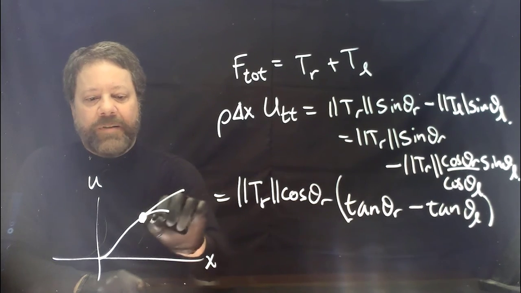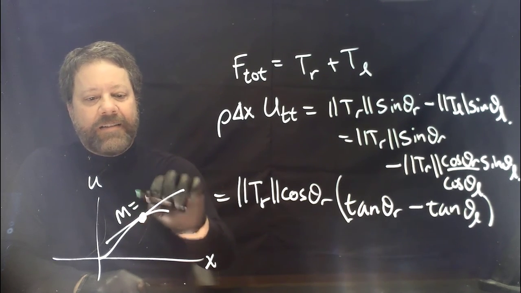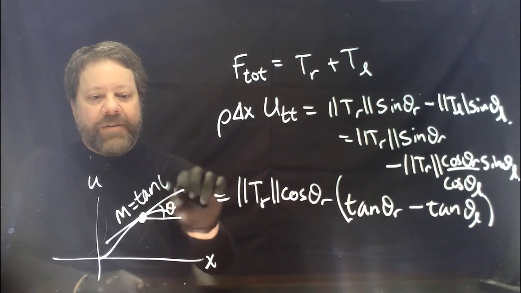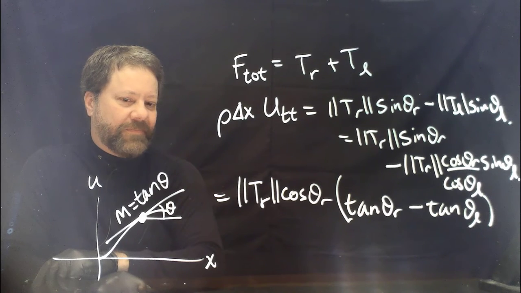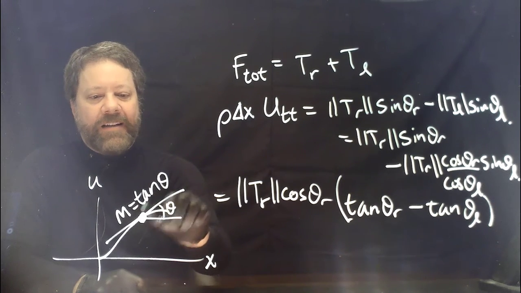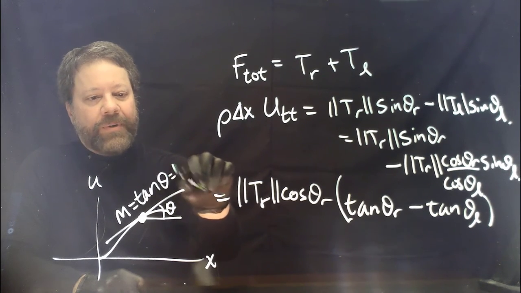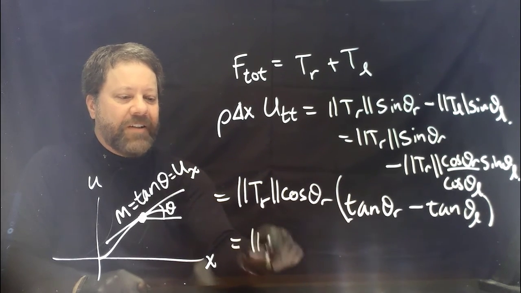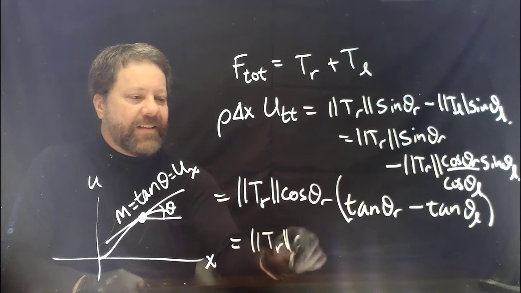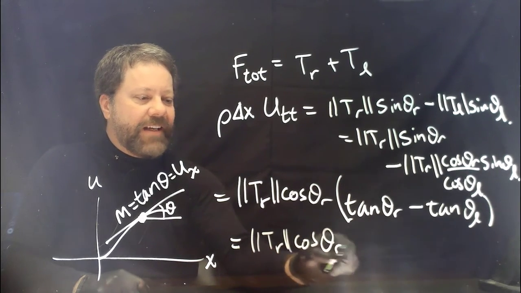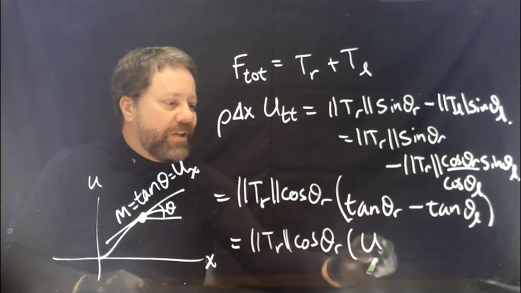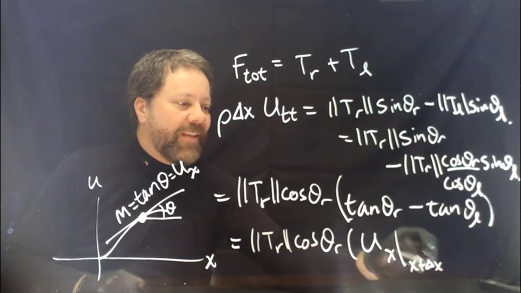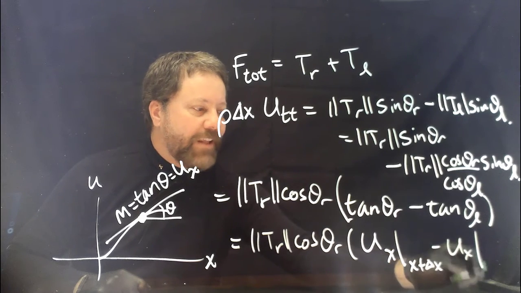The slope of the tangent line is the tangent of the direction angle, and that is equal to u_x. So here's what we have: the norm of the tension on the right times the cosine of theta on the right times u_x evaluated at x plus delta x minus u_x evaluated at x.